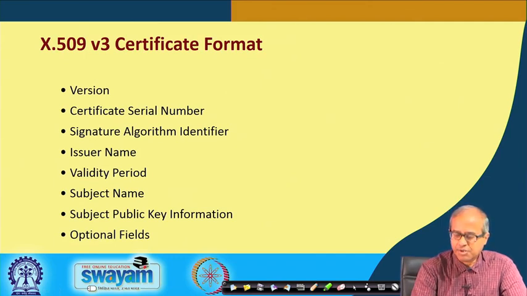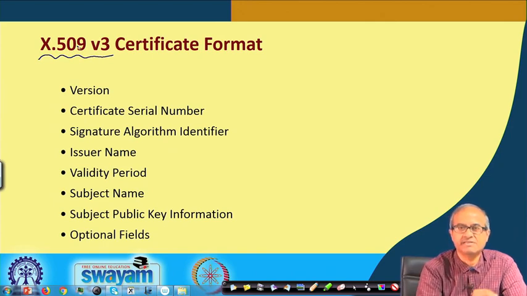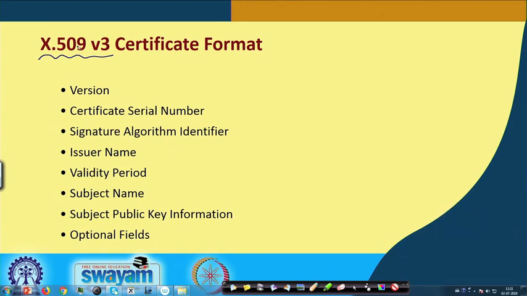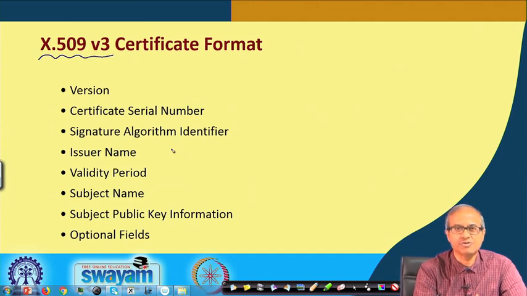So, I have talked about the standardization. One of the commonly used certificate standards is X.509, version 3, which is most widely used. Among other things, the certificate contains the version, some serial number, which signature algorithm is used, because you need to verify the signature, right.